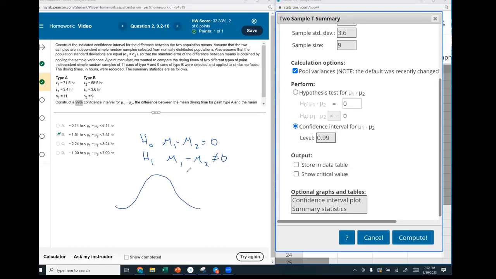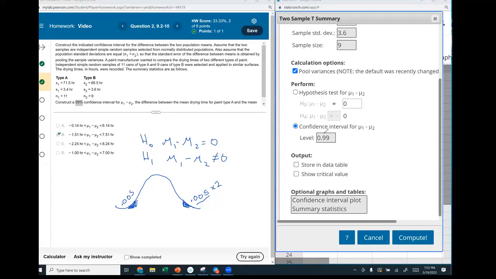We know these are our two tails, and if it's 99%, we have 0.005 over here and 0.005 over here. If I do it with two tails, I multiply this by 2, and I get our significance level, which gives us our confidence interval, okay?